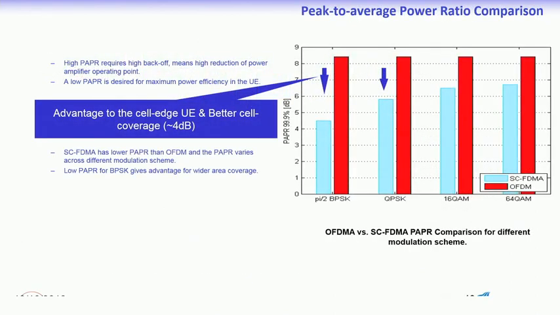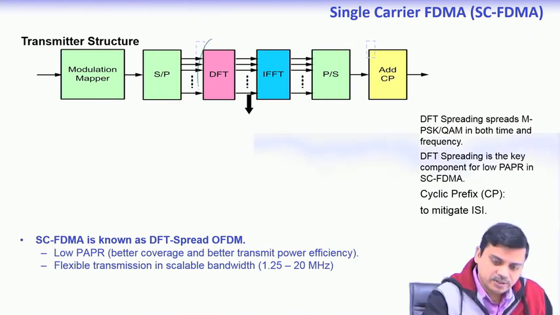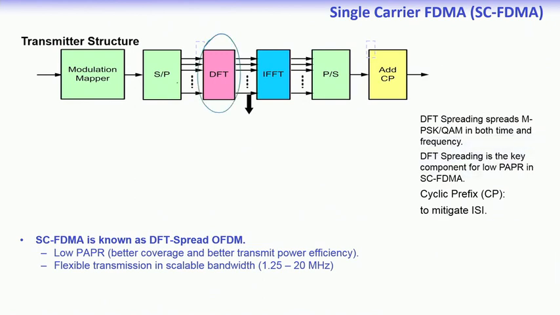We have also discussed the method to reduce peak to average power ratio, and we have said that one method is to do a DFT spreading. That means you spread the signal that is going into this IFFT block, so that the coherent combining that may happen is reduced.